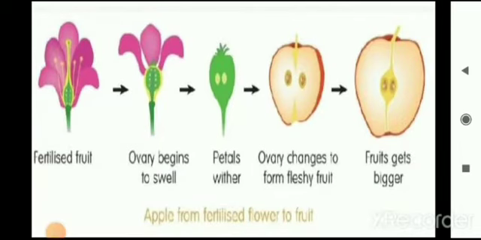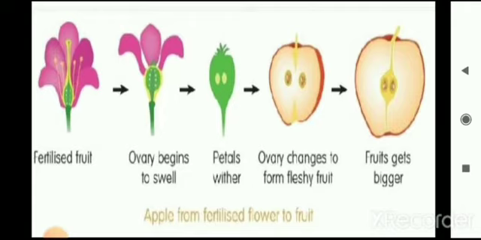In this picture, you can see apple fruit is shown here, right? This is the process of fertilization in an apple fruit, right? In first picture you can see a fertilized fruit, right? Next, this fertilized fruit converts into the second picture, right? In this picture, ovary begins to swell up, okay? And next, petals wither. Do you know what is the meaning of wither? Wither means they dry up.